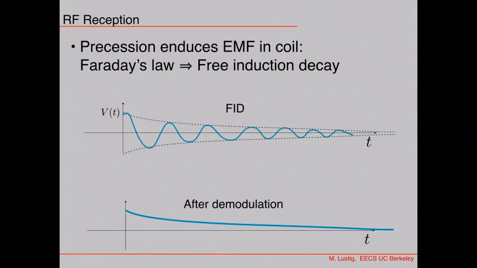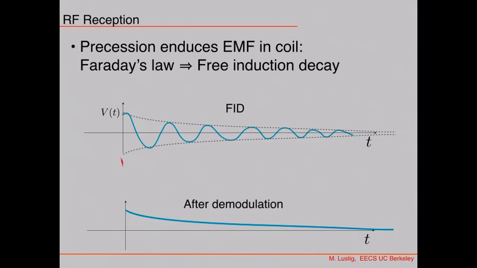So if I put a coil or a loop next to the sample, the fact that the magnetization rotates will create changes in the magnetic flux going through the loop, and will induce an electromotive force, EMF, in that coil, basically a voltage that we can then pick up.